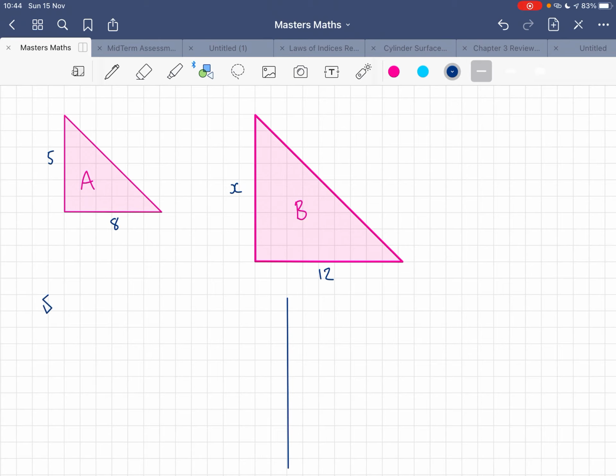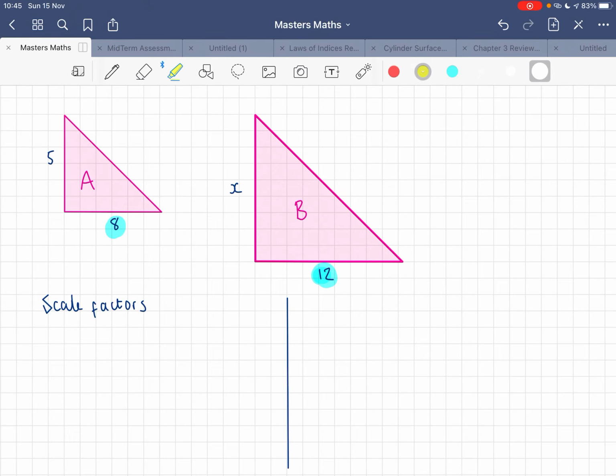So using scale factors, we know if we enlarge a shape that all of the lengths have to increase by the same amount, and that is what we call a scale factor. So we can match up the corresponding sides. So this 8 and this 12 are the corresponding sides, from the original shape and the enlarged shape.